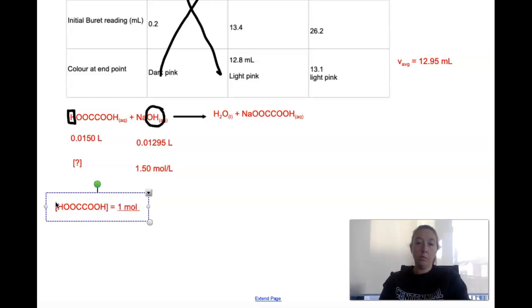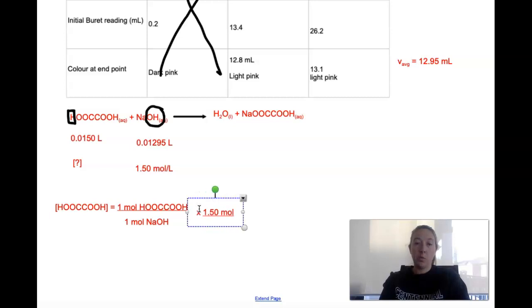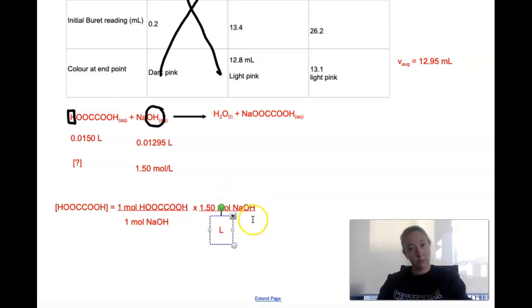So ratio 1 mole of our oxalic acid over 1 mole of sodium hydroxide. Okay, we need to get rid of moles of sodium hydroxide, so we are going to times by the concentration of the sodium hydroxide, so 1.50 moles NaOH, and that is going to be per liter. Okay, that now lets us cancel out moles of NaOH.